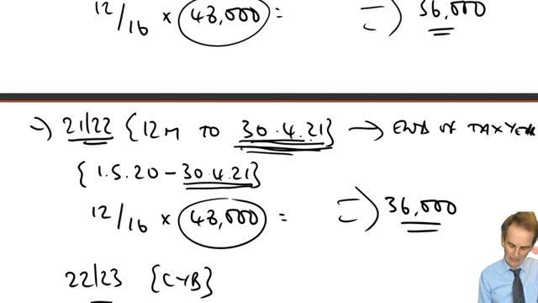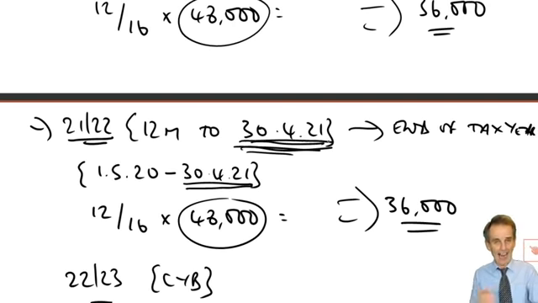Well, from the 30th of April 21 through to the end of the 21-22 tax year, that would be 11 months. So we have 11 months worth of overlap.